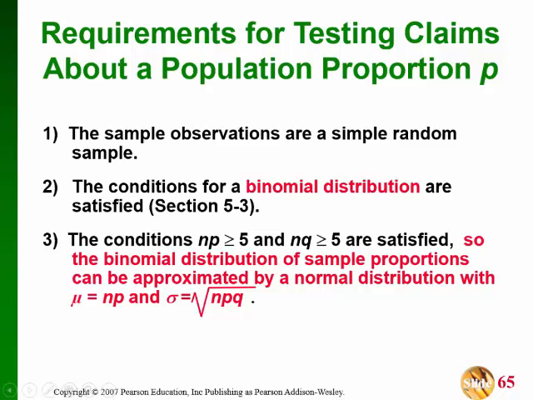These are, if not exactly the same, very close to being the same as the requirements for estimating a proportion back in Chapter 7. So I'll say compare with Section 7-2. The requirements that you find in Section 7-2, since they are talking about estimating proportions, should be almost exactly the same, if not exactly.